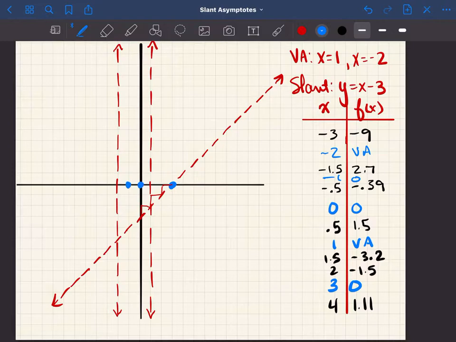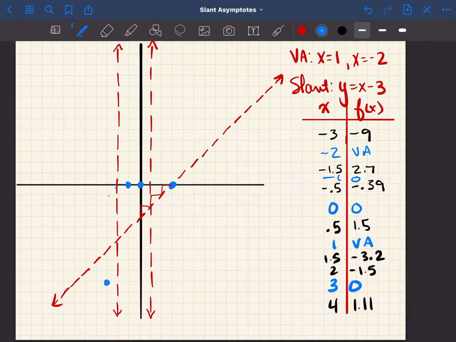All right, so I want to find out the value of y when x is equal to -3, and I get -9. And then I just went ahead and picked values out of my domain just to have an idea of where this graph is going. So at -3, 1, 2, 3, 4, 5, 6, 7, 8, 9, we have a point way down here.